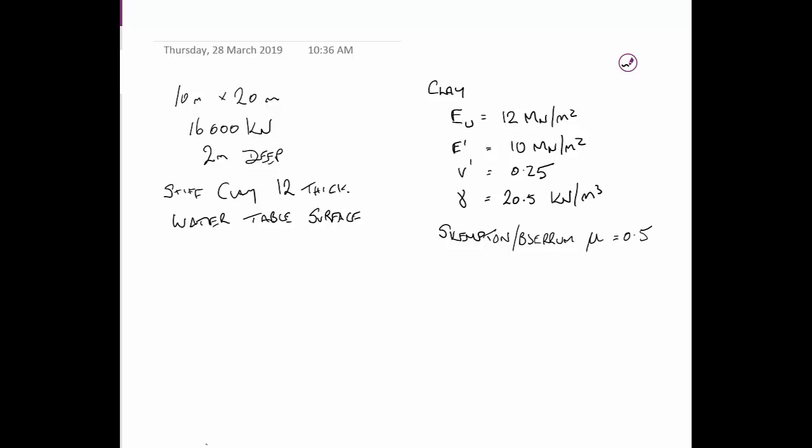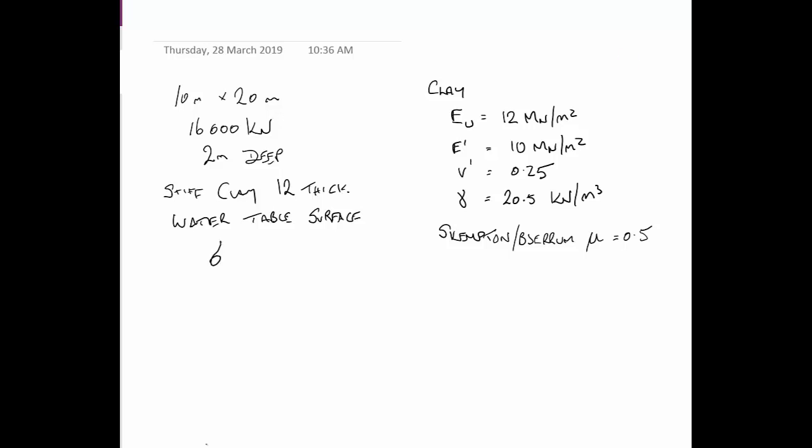The other thing they've given is that they've already done the stress distribution under the centre of the raft at the midpoint of the layer. Of course, it's linear elastic, so we can just use the average, the midpoint, and apply it over the depth. Hopefully that makes sense.